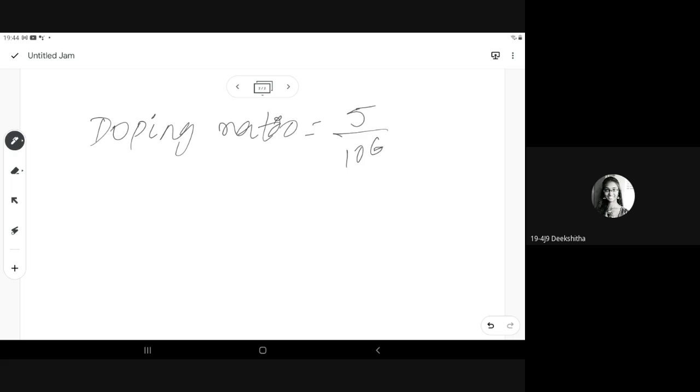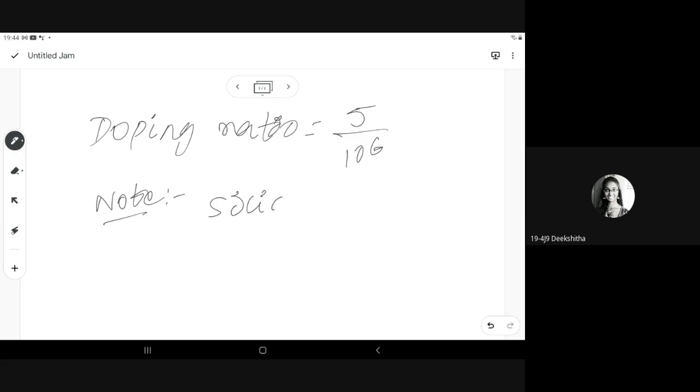Okay, fine, correct. And what is the total number of atoms per centimeter cube? They have not given the total number of atoms. Okay, make a note. I will write that formula also.